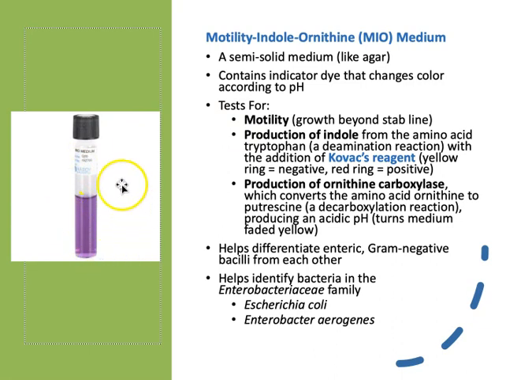We're not going to use our typical inoculating loop, but instead we're going to use an inoculating wire. We're going to place cells on the sterile inoculating wire, and we're going to stab the wire down into this agar. That's going to leave cells behind in this narrow tract created by the wire.